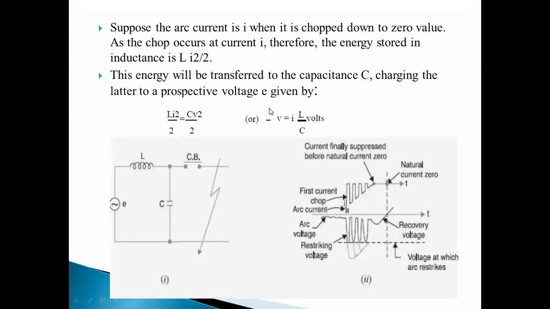Here you can see, again we are considering the same figure. Here the supply is there, and the inductance and capacitance of the transmission line we are considering, and suppose any fault is occurring in the bus bar, there we are connecting the circuit breaker. We are connecting circuit breakers everywhere.